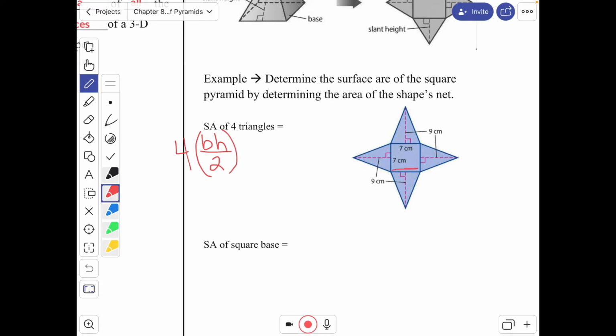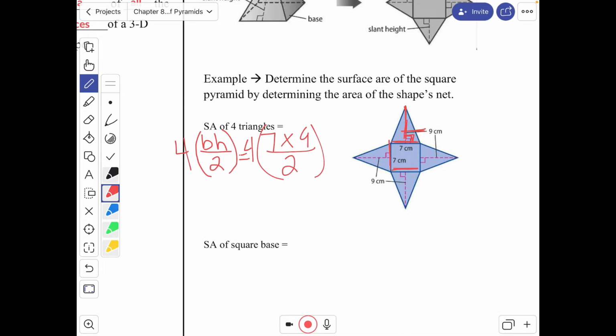Now, what is the base of each one of these triangles? 7. And the height, which has to be at the right angle, see the right angle? So the height is 9 because there's a little arrow pointing to the height, 9. All divided by 2 and multiplied by 4.